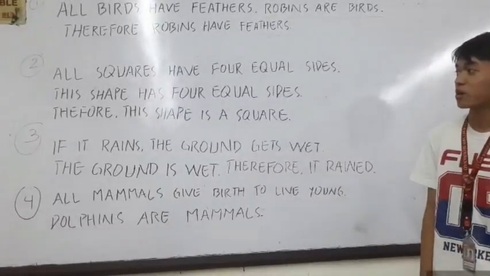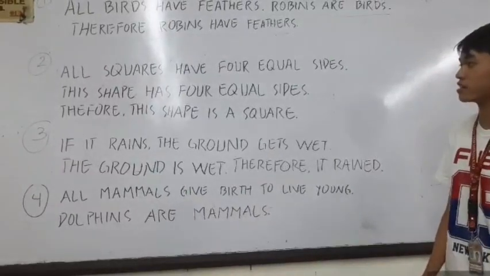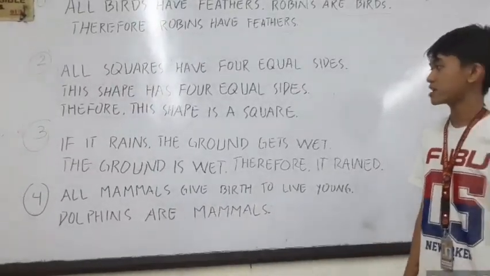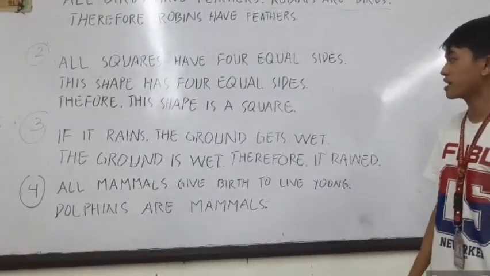The second example is all squares have 4 equal sides. This shape has 4 equal sides, therefore this shape is a square.